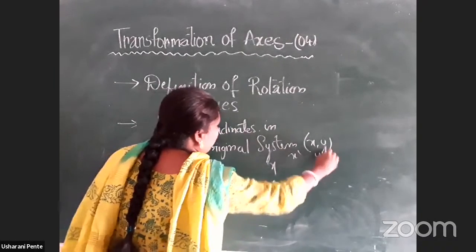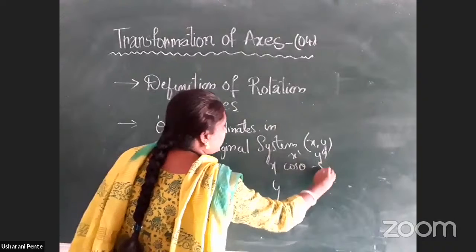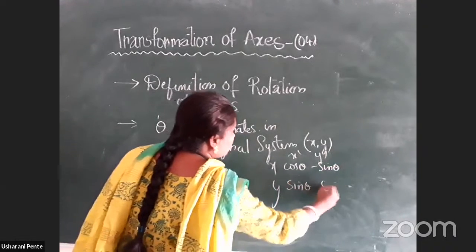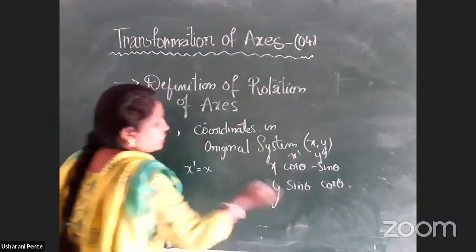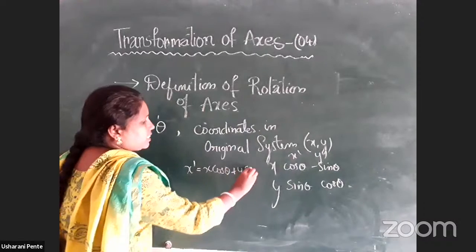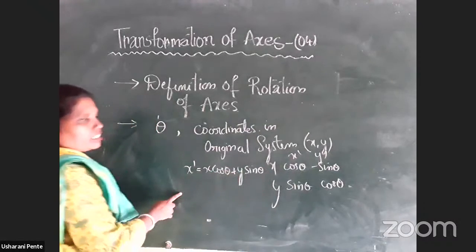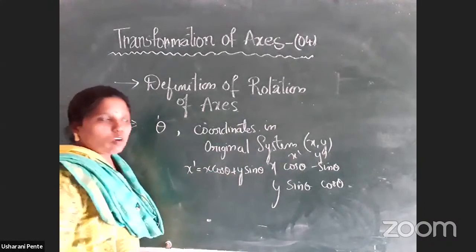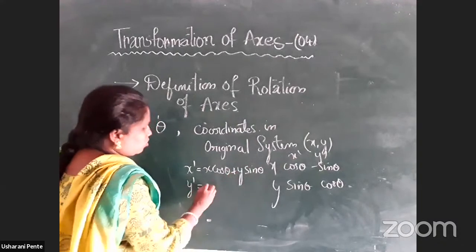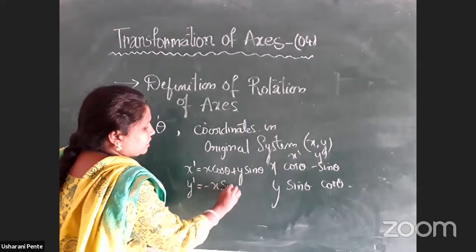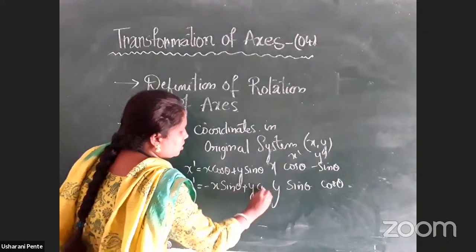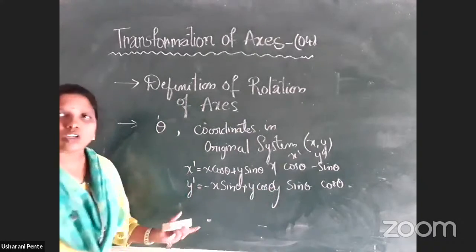We have the matrix cos theta, sin theta, minus sin theta, cos theta. So x dash is x cos theta plus y sin theta, and the y coordinate in the new system, y dash, is minus x sin theta plus y cos theta.